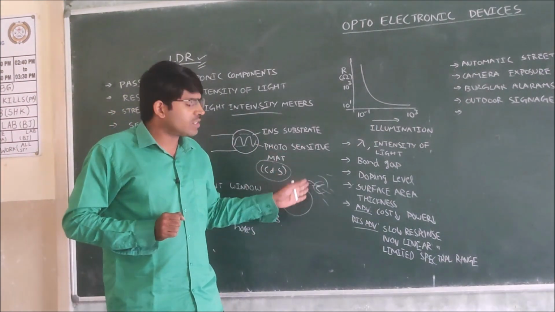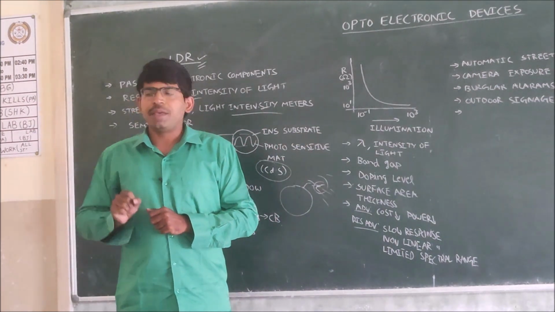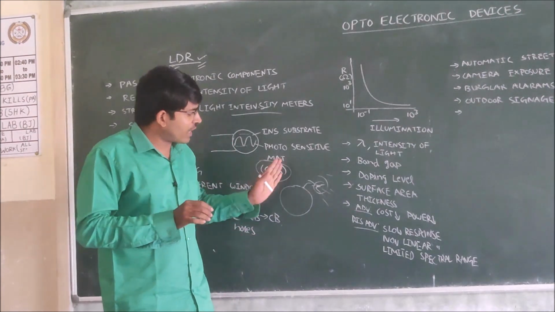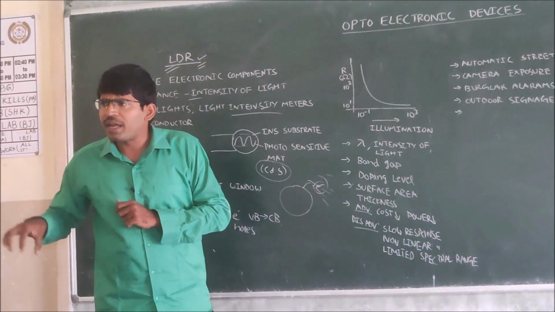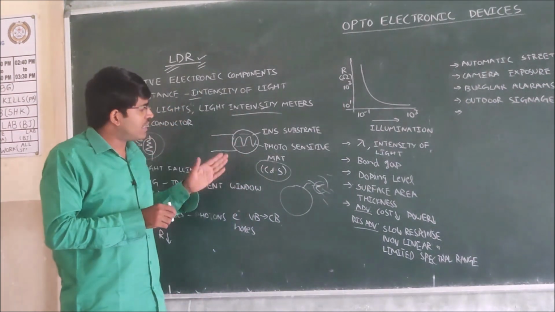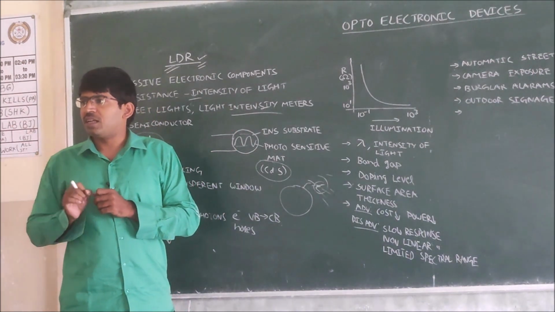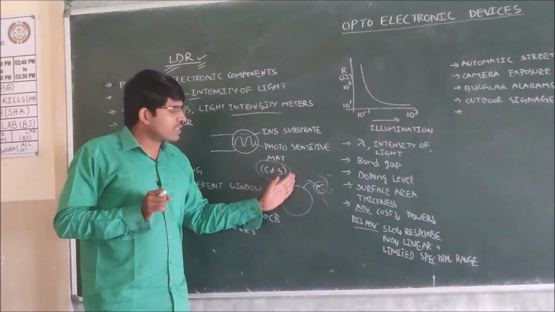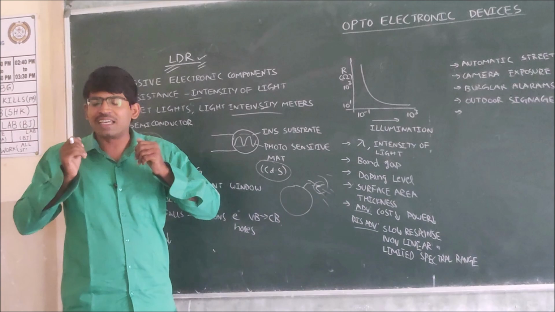So the resistance of this material is affected by the number of electrons coming out of the atom. Similarly, we have many atoms because we are using a crystal here. It is a photosensitive material. When the electrons are coming out of the atom, then the resistance is decreasing.